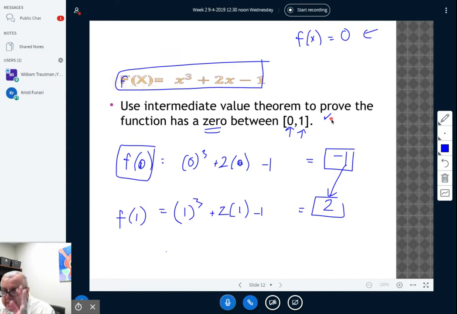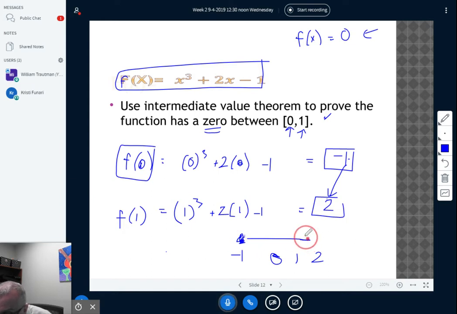Remember, this function is continuous between x = 0 and 1. The function is continuous. So if we went from -1 to 2, if you look at a number line of -1 to 2, to get from -1 to 2, you had to bypass a 0, right?